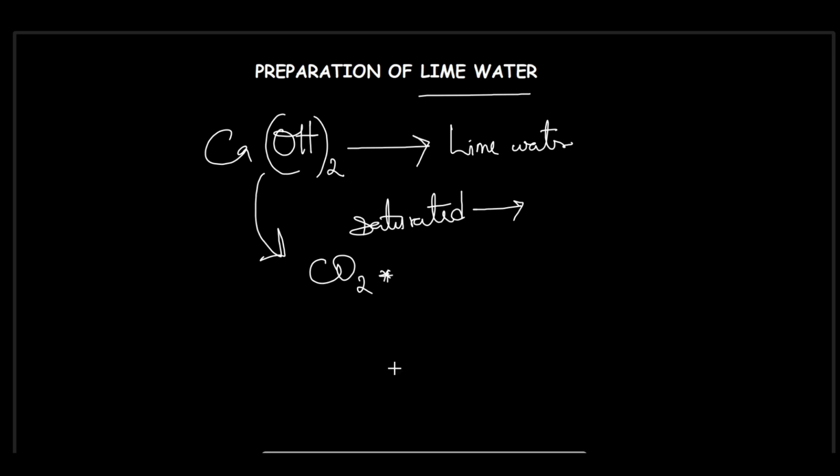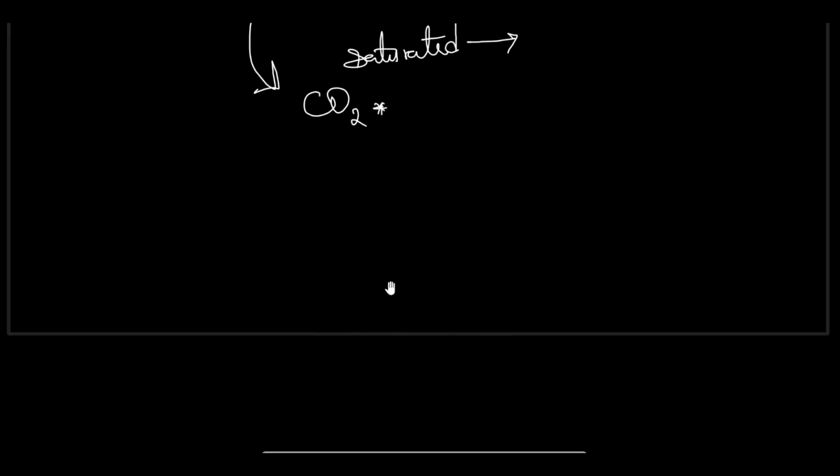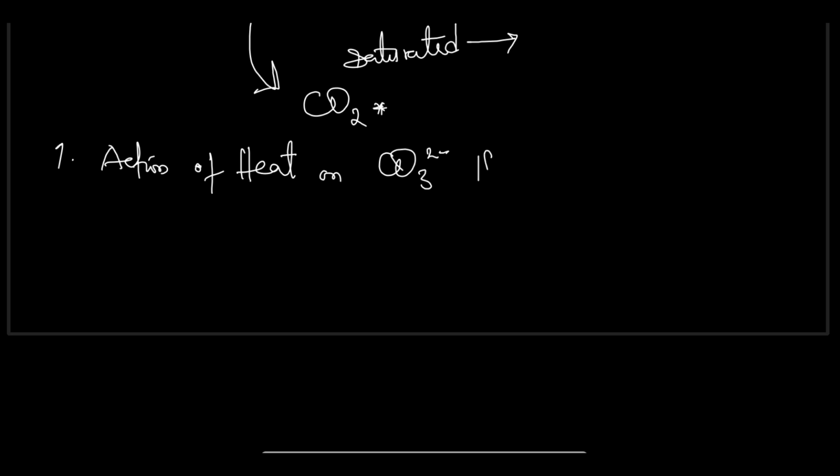And carbon dioxide gas in the laboratory can be gotten from two sources. Number one is the action of heat on a carbonate salt or hydrogen carbonate salt.